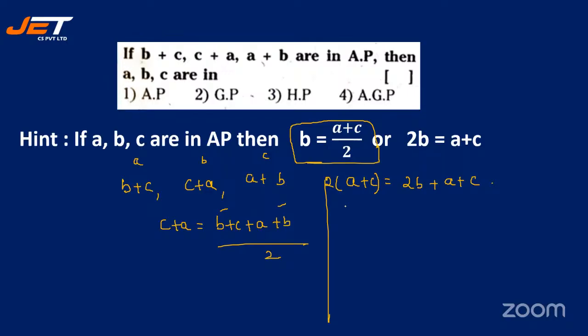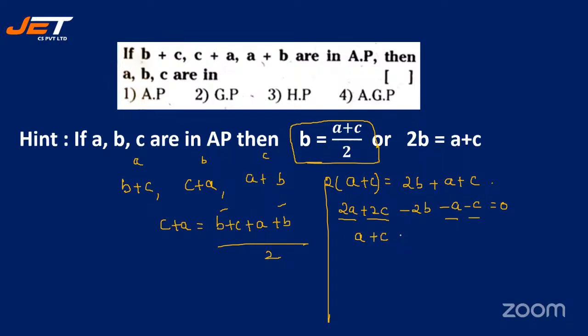Okay. So let us expand it to a plus 2c. Let this come this side, minus 2b minus a minus c is equal to 0. So we have 2a minus a, which is plus a, plus 2c minus c, which is plus c.